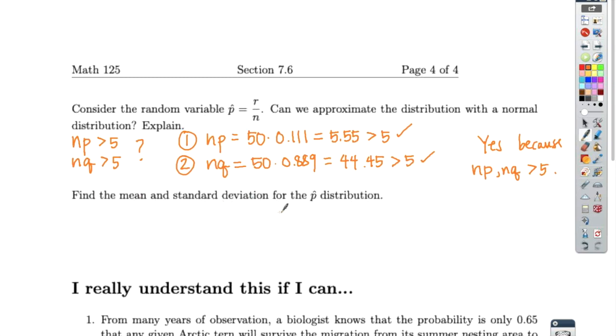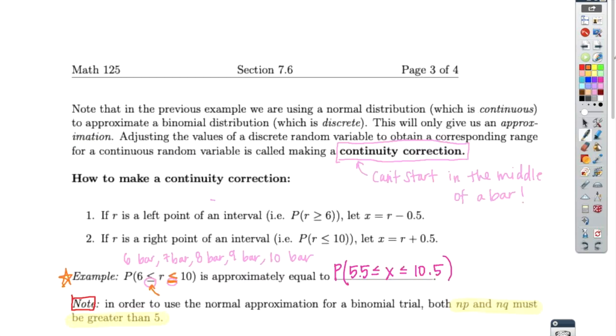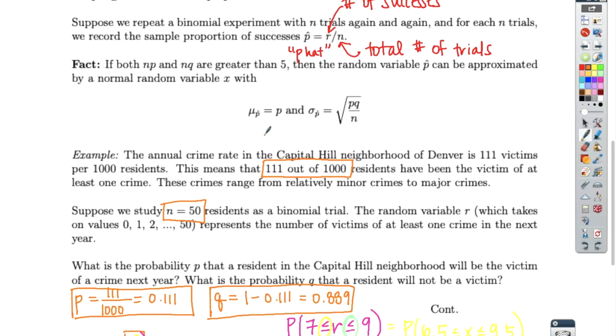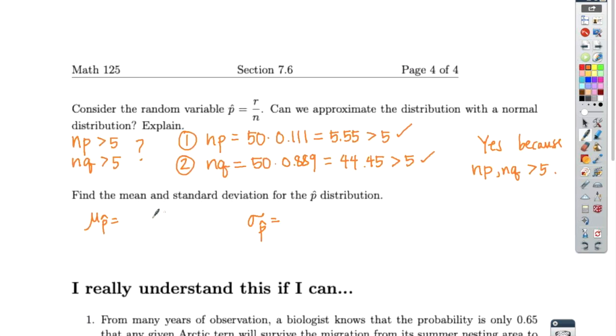So since we can approximate p hat using a normal distribution, let's lastly find the mean for this particular distribution, mu sub p hat, and sigma, the standard deviation for this distribution, sigma sub p hat. Now remember, we have very friendly formulas for these. They're on your previous page. The mean is just p, and sigma is just the square root of pq over n. Well, the mean is just p, and we know that p is 0.111.